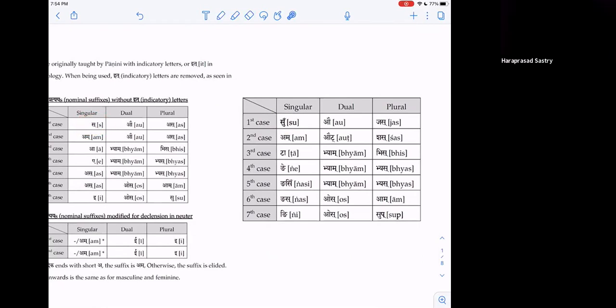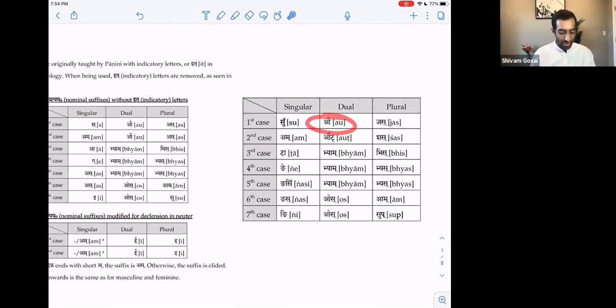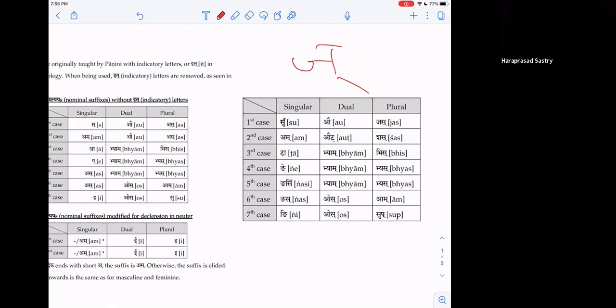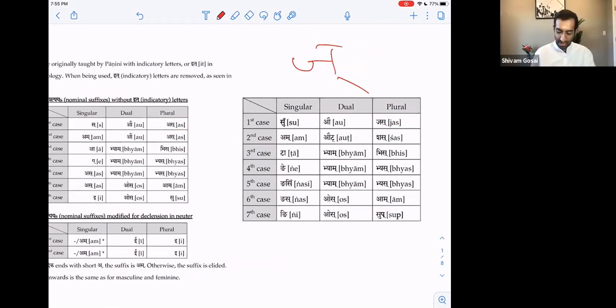So that u goes away. U is the it letter. In au, there is no it letter. Jas becomes us, so that ja is the it letter. The ja goes away. So then it's just us.